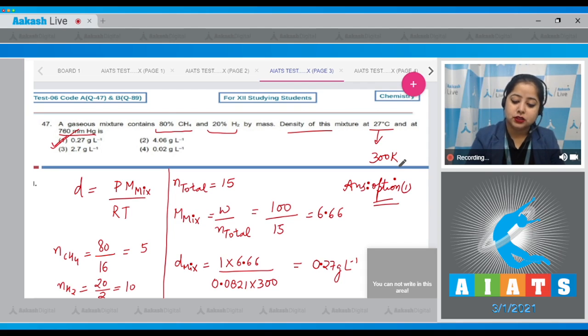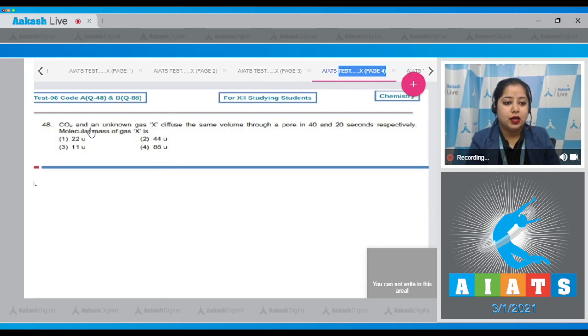Moving to next question, which is 48. Let's read it. CO2 and an unknown gas X diffuse the same volume through a pore in 40 and 20 seconds respectively. Molecular mass of the gas X is.